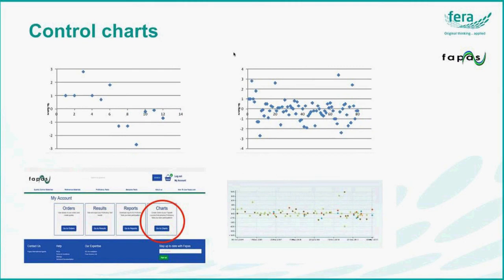We also encourage participants to generate control charts. This can be done quite simply internally within the laboratory, and the advantage is that it gives you a measure of performance over a long period of time. One proficiency test is an idea of that performance on that one day on that one test material. It doesn't indicate what is the long-term performance of that lab.